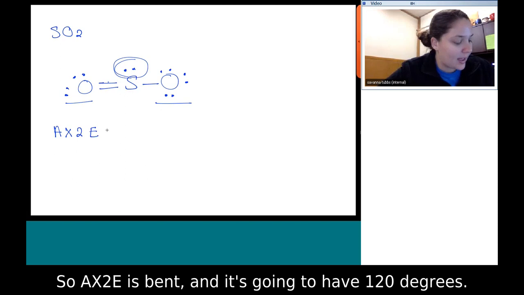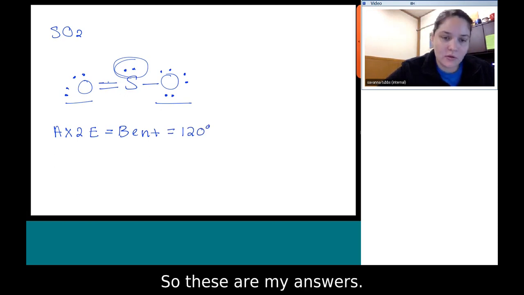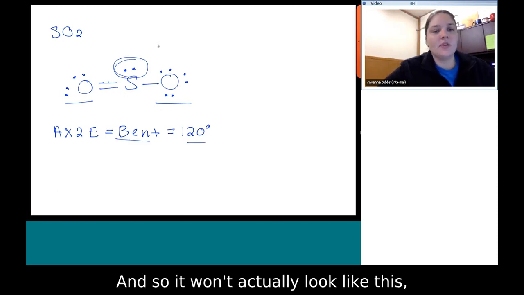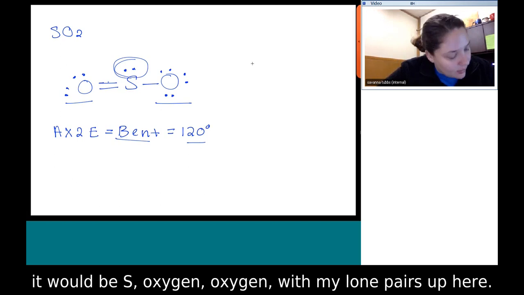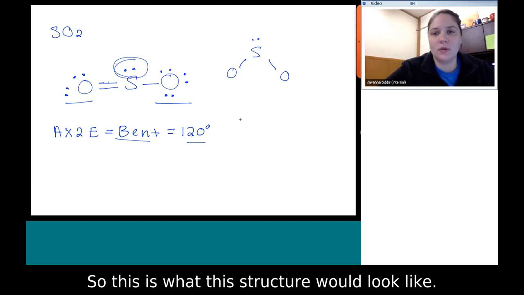AX2E is bent, and it's going to have 120 degrees. So these are my answers, and it won't actually look like this. It would be S, oxygen, oxygen, with my lone pairs up here. So this is what this structure would look like.